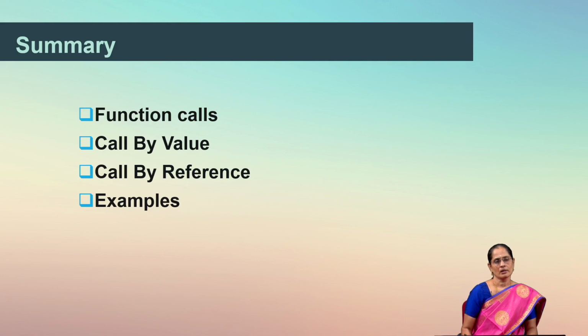So, summarizing what we have learnt in this session on function calls: how a function call has to be done, what the parameters are, and how the parameter list has to be given, matching the parameter list of the function definition.